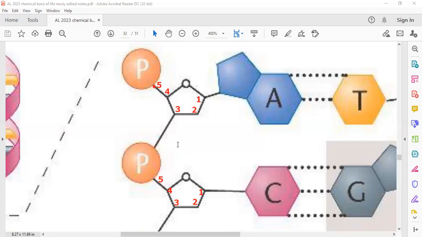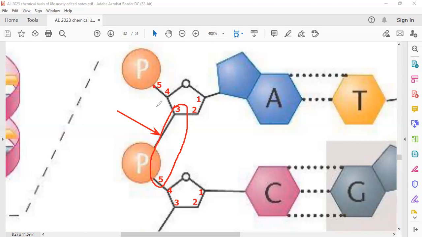Right? So, this is the phosphodiester bond, right? Do you agree?